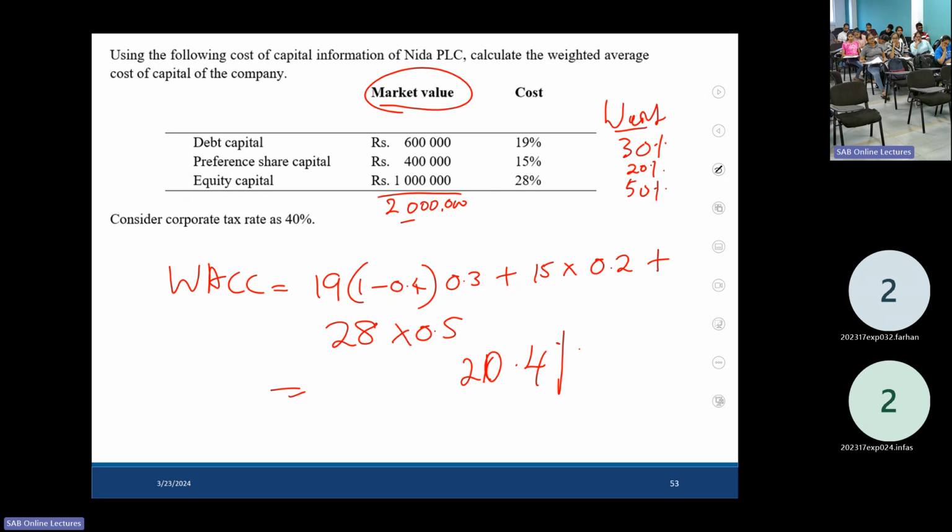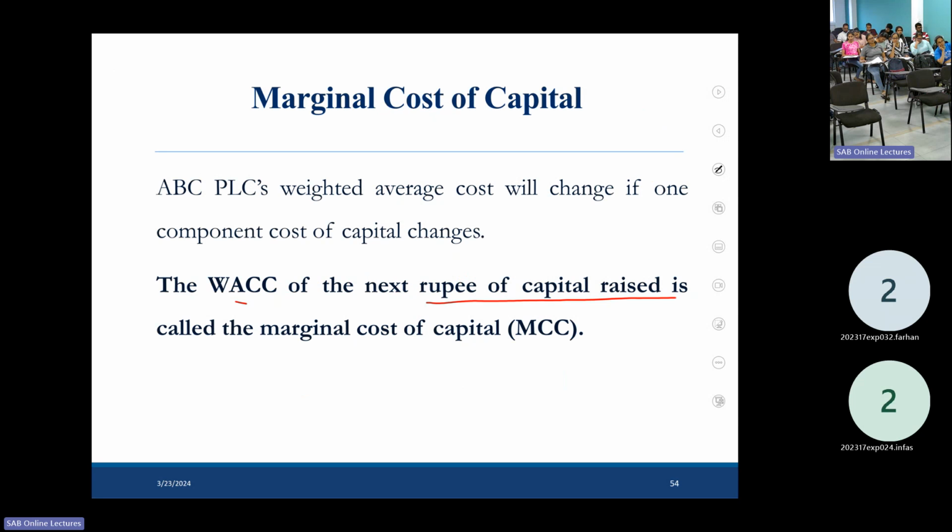If you have to raise more capital, what is the cost? That is simply what we call the marginal cost of capital, the weighted average cost of capital of the next rupee of capital you raise. That is very important, especially when you are evaluating an investment project.